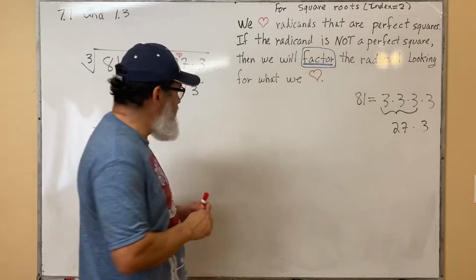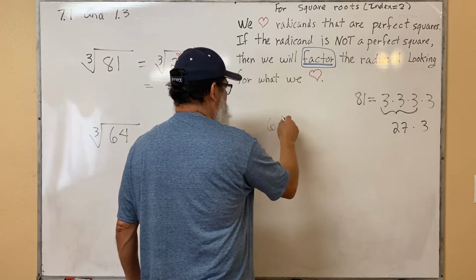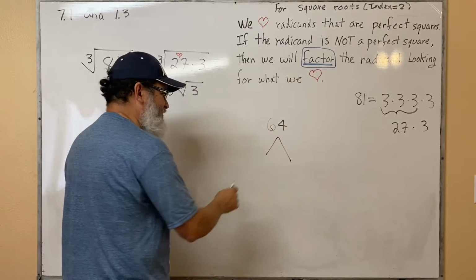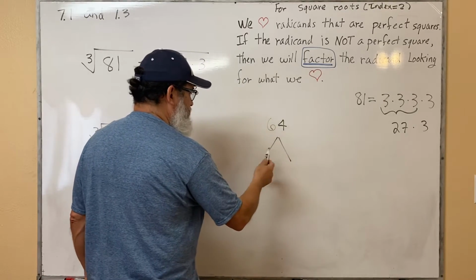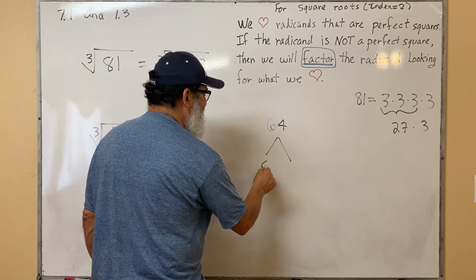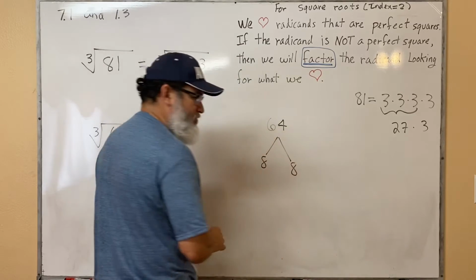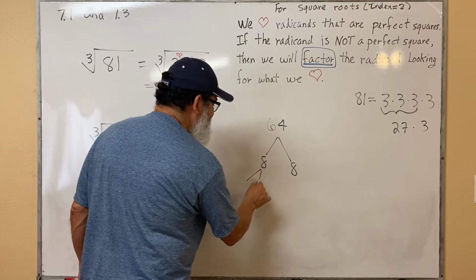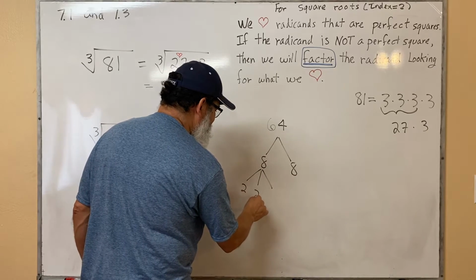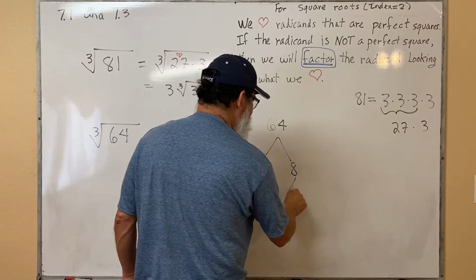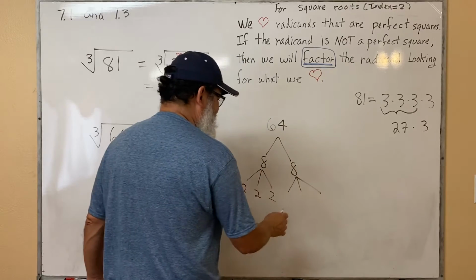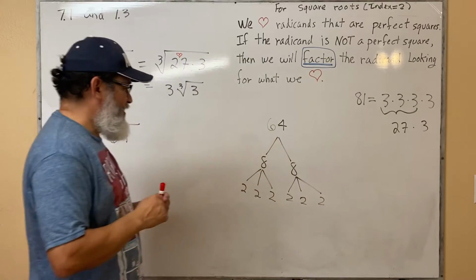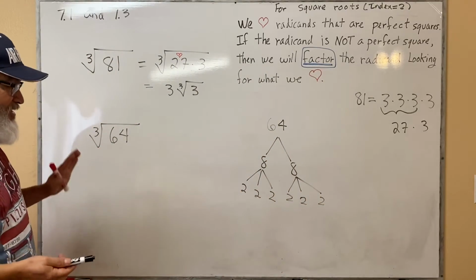So 64, I don't know, you could try 8 times 8. 8 is 2 times 2 times 2. This 8 is 2 times 2 times 2.